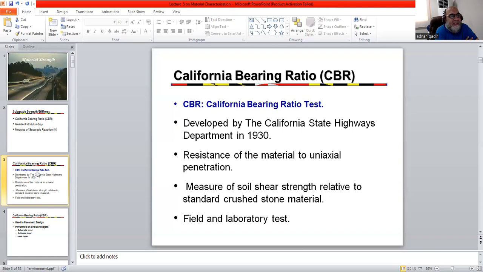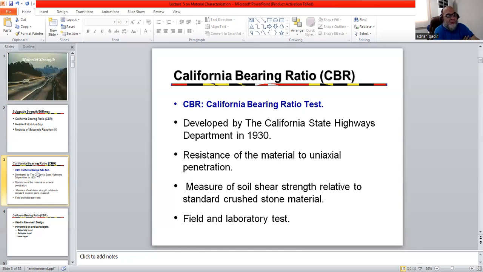CBR is the method developed in the late 1930s and is still being used and considered as one of the most accepted methods and accepted values for pavement design of any structure, whether it be a port structure, a highway structure, or an airport pavement structure.